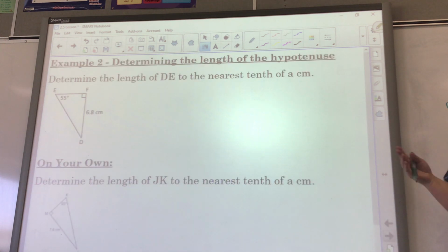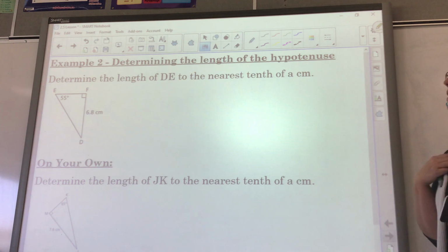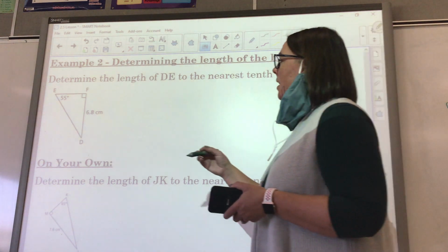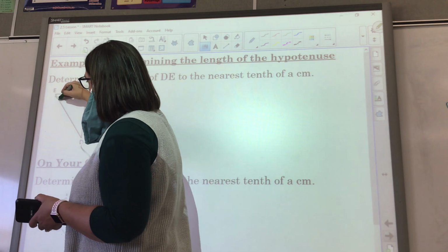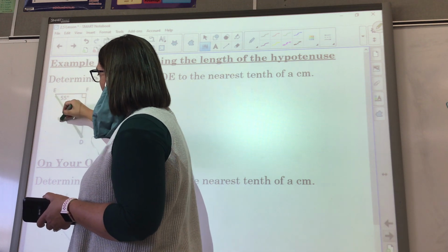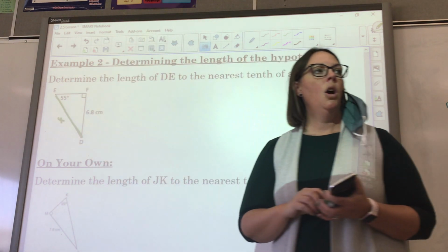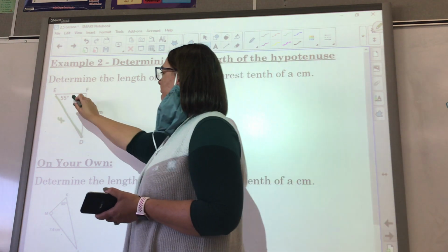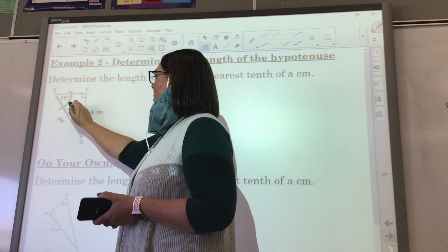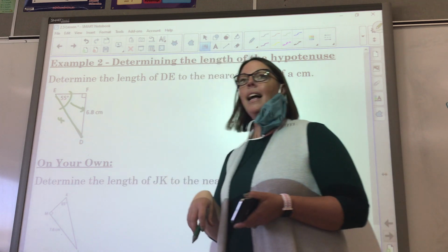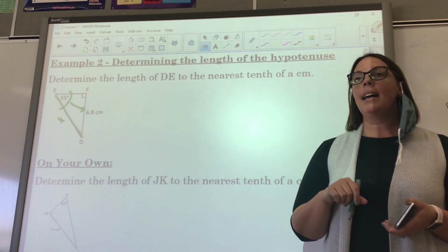Okay, let's look at one where we don't know the bottom number. Just reviewing this. So determine the length of DE to the nearest tenth of a centimeter. DE is right here. That's what we're looking for. We're given this 55-degree angle, and we're given that side. What relationship does that side have?